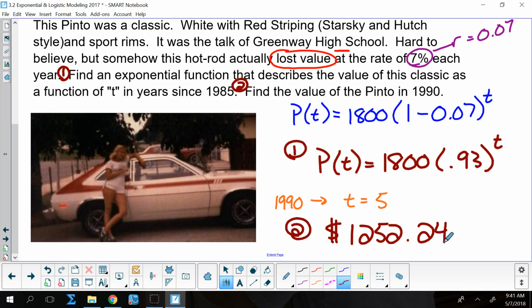Really, on my calculator, I got 1,252.23906474, but logic told me we're talking a monetary value. I can round that to the hundredths, or 2 decimal places. So when money is involved, 2 decimal places for sure.